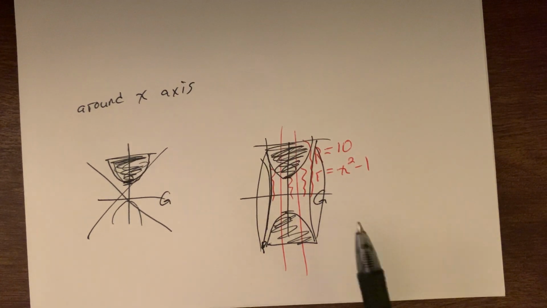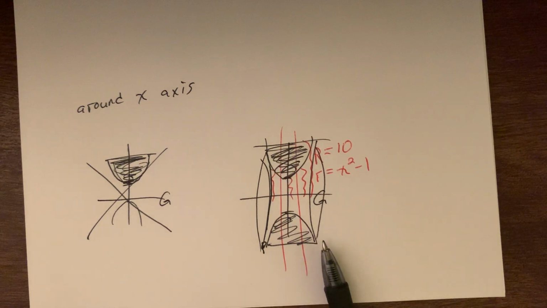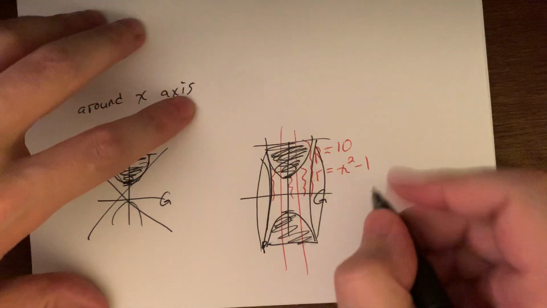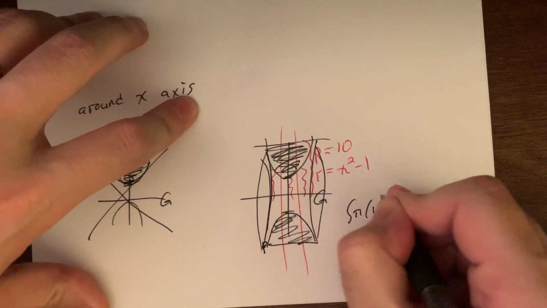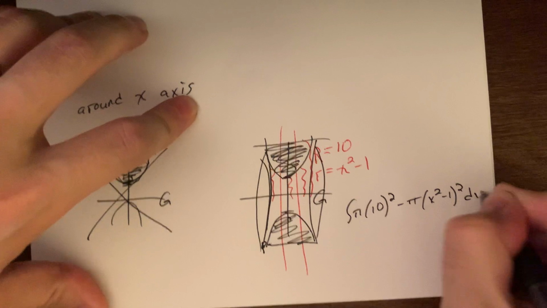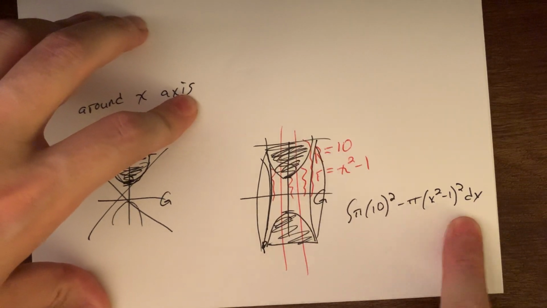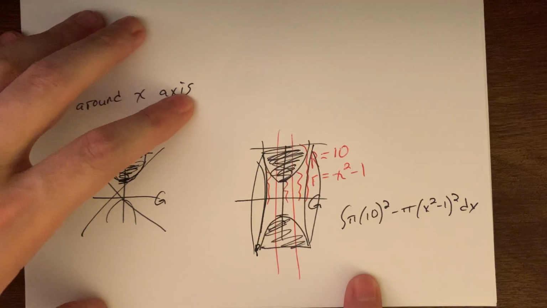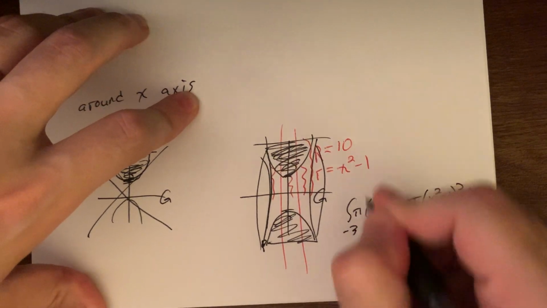If you do that too quickly, that looks pretty similar to what we did in number 3, but it's very different to have pi 10 squared minus pi x squared plus 1 squared. That is very different than pi 10 minus x squared plus 1, quantity squared. If you solve it, this would also have the same bounds.